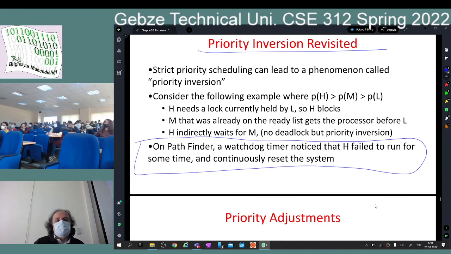So that's what was happening. One of the low priority things thinks that this has to be up and running. It is blocked for some reason, and it says that I am going to reset the whole system, okay? It was a priority inversion problem, and it was a bad thing, and they realized that it is happening, and they changed their scheduling algorithm. I don't remember that's what they did.